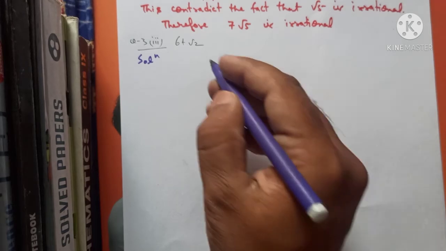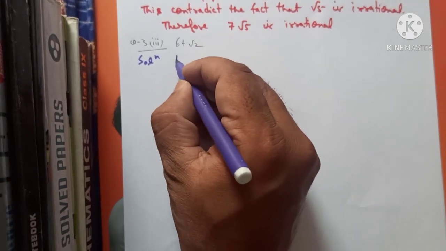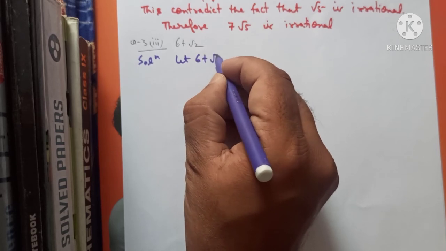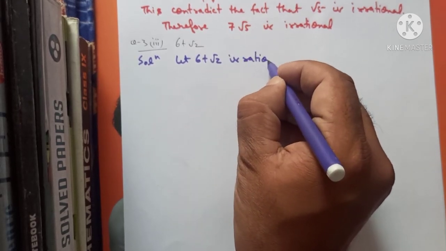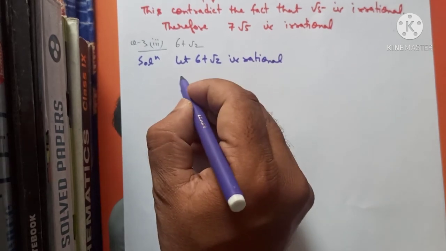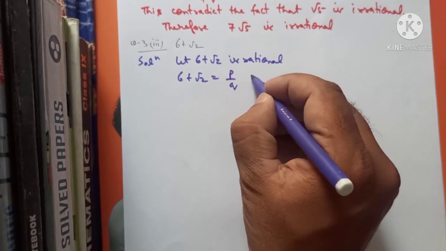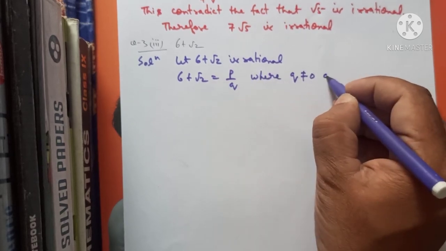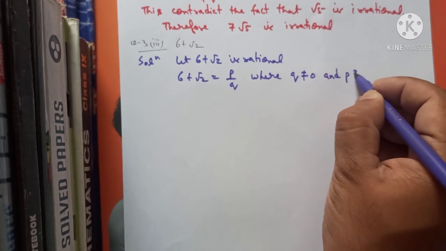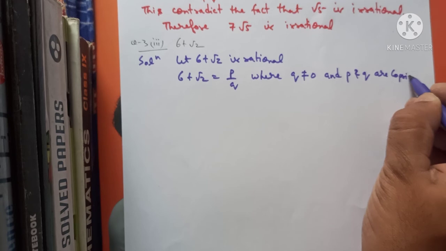Now part number three, 6 plus root 2, we have to prove irrational. So again, let 6 plus root 2 be rational. Then 6 plus root 2 is equal to P upon Q, where Q is not equal to 0 and P and Q are co-prime numbers.